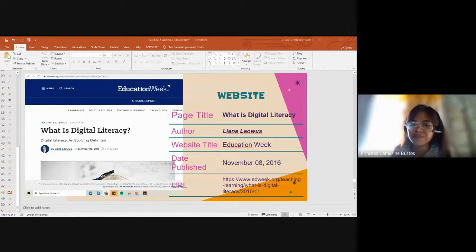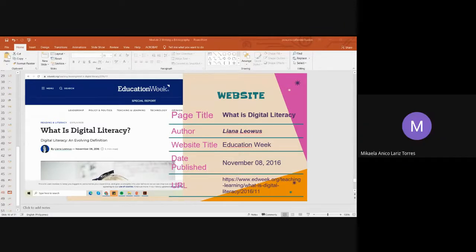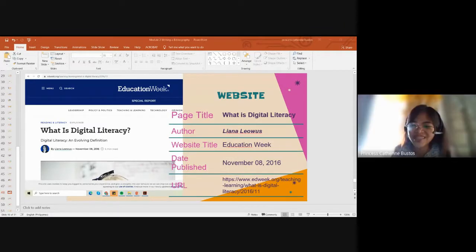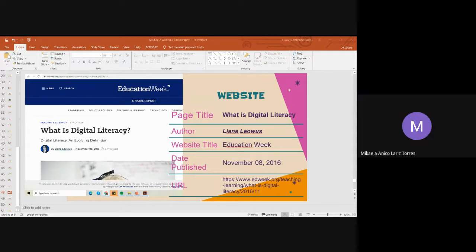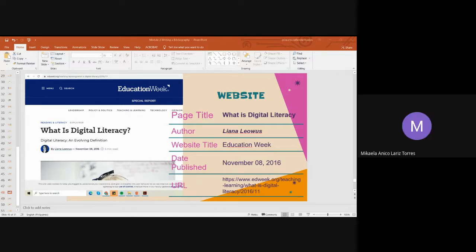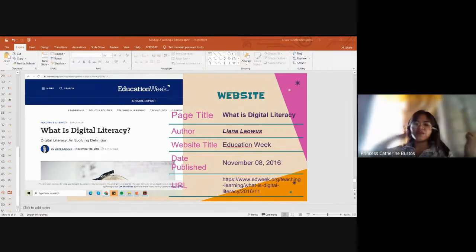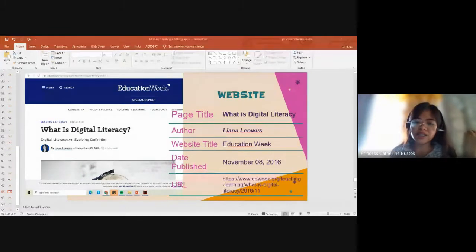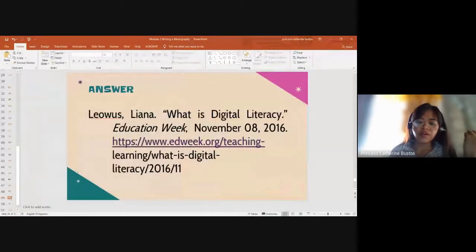Next, we have... Website title. Continue. Publish. Okay. Date published. And lastly? URL. Oh, very good. So if you did that properly, just like this format here below, then you are correct.